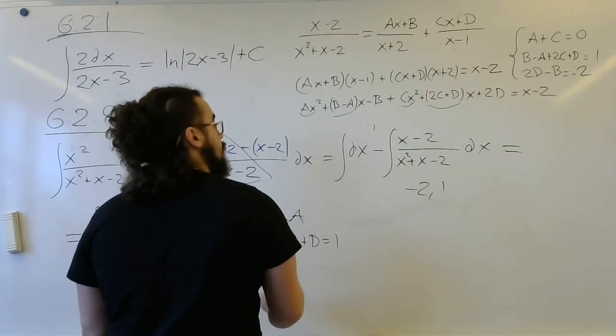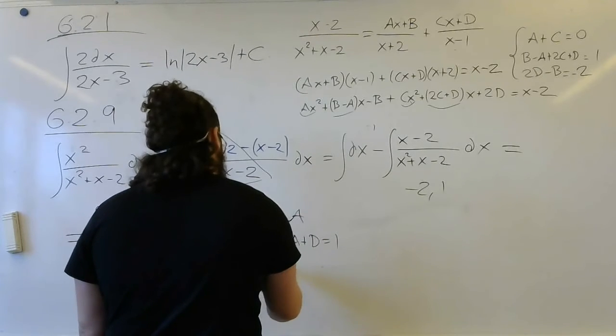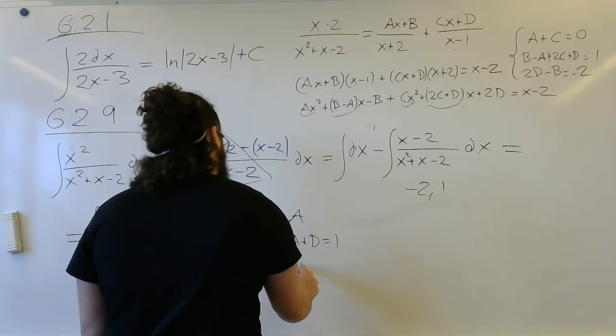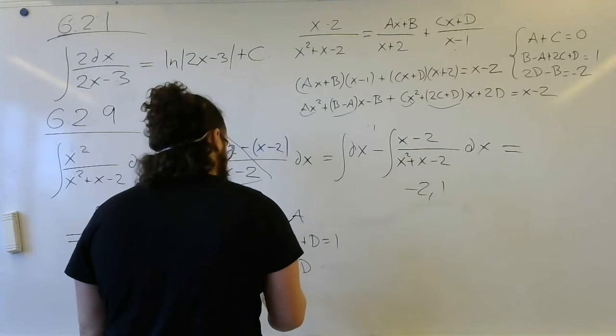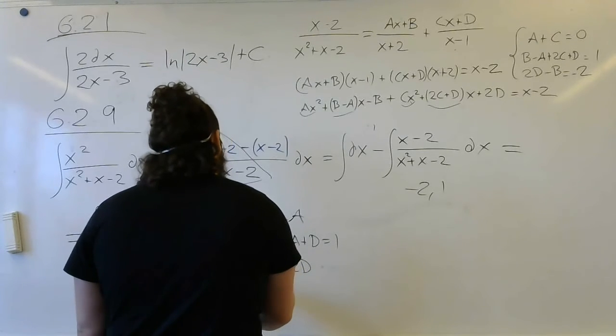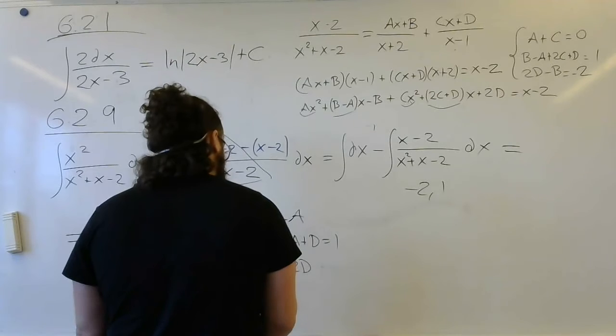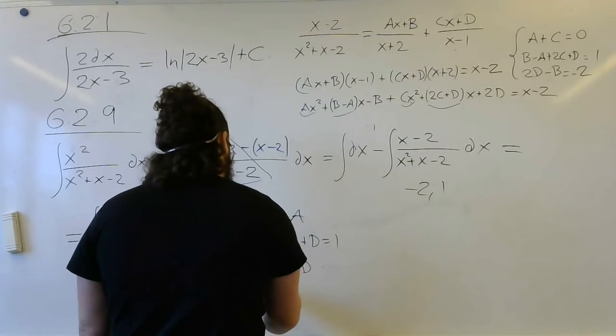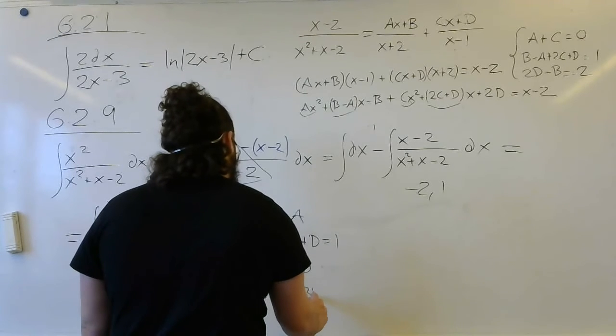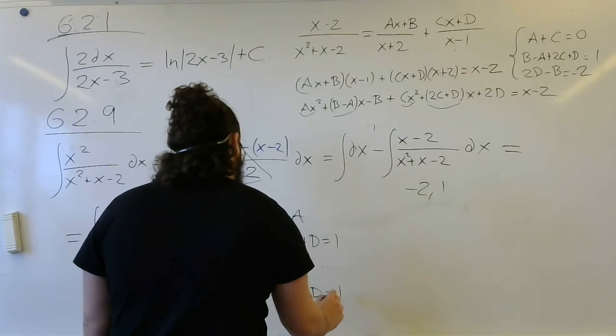And in the third equation, we have b is 2 plus 2d. So I move it into the second equation again. And we have 2 minus 3a plus 3d is 1.